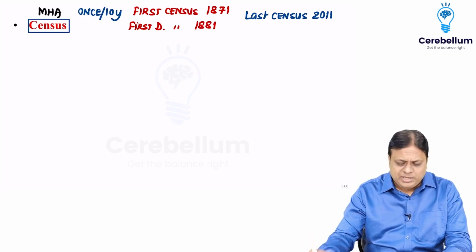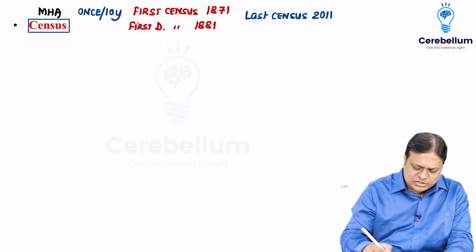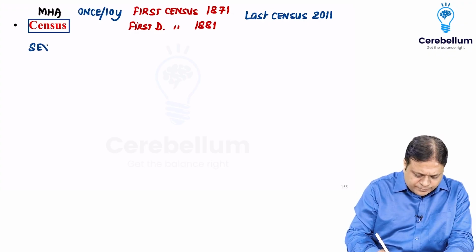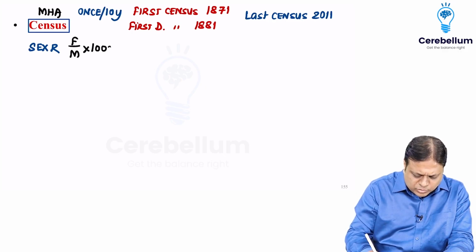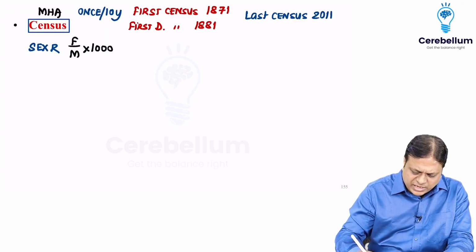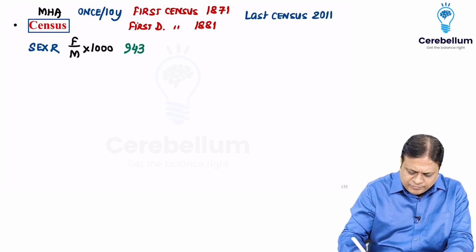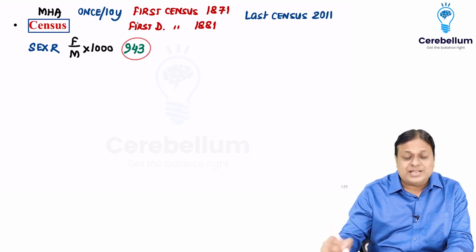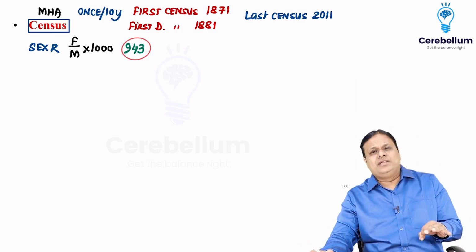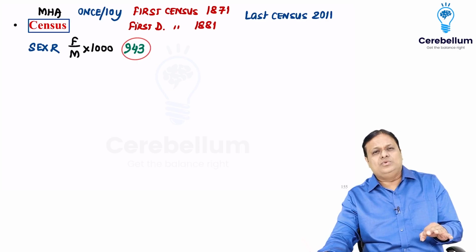Now, when we look at key parameters, then we should know sex ratio, number of females divided by number of males into 1000, value 943 females per 1000 males in our country. It is highest in Kerala, lowest in Daman and Diu.